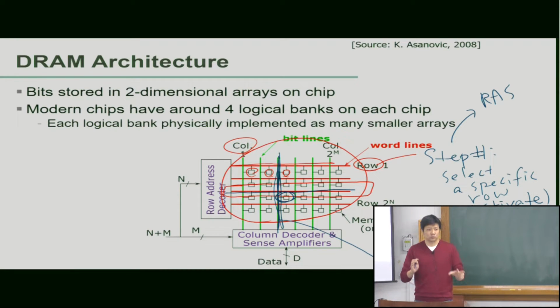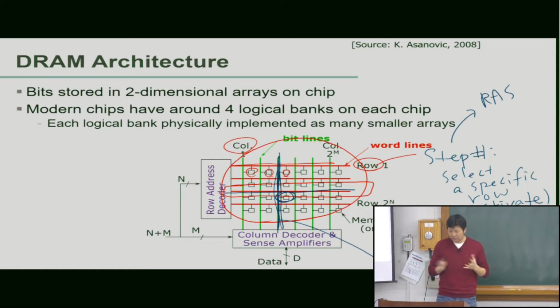To access a specific group of cells, you need to do 2 things: first RAS, then CAS. As a response to CAS, the data will come out. Please remember there are 2 steps.